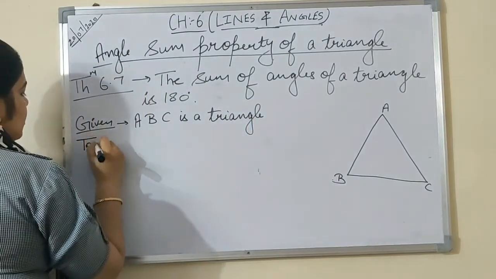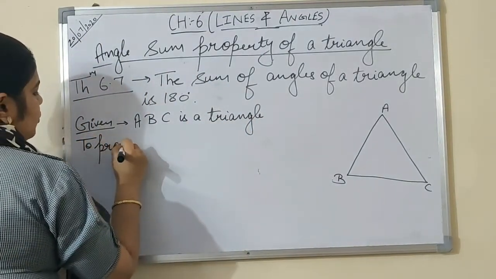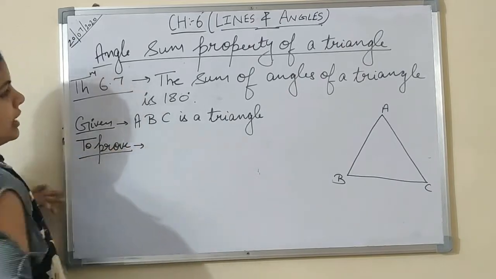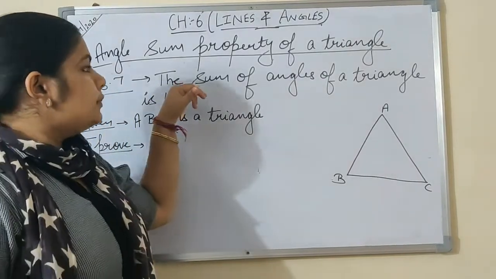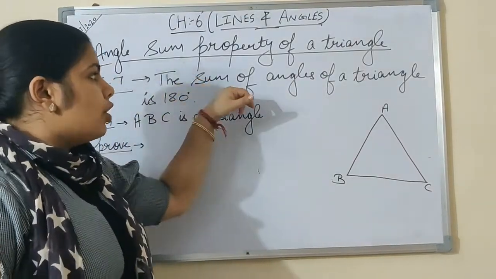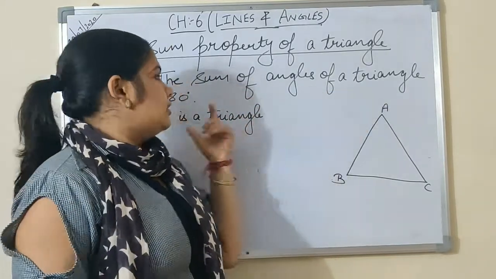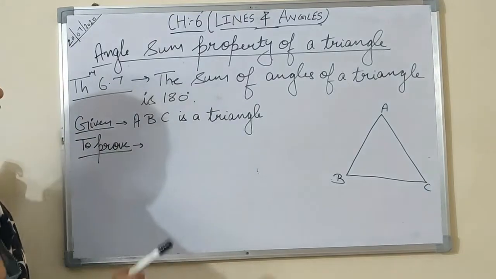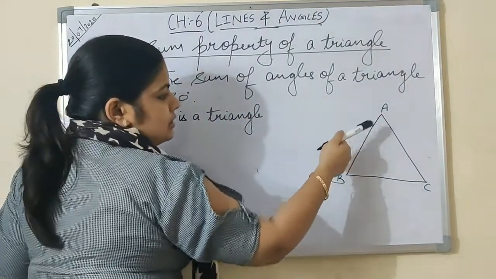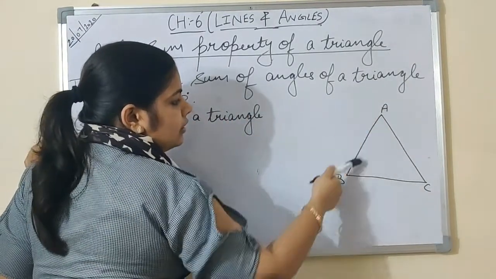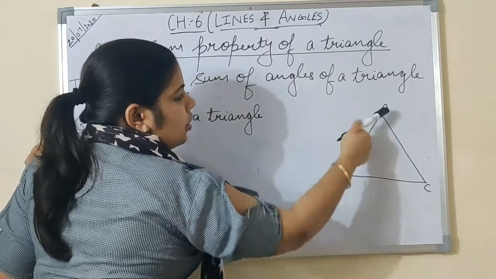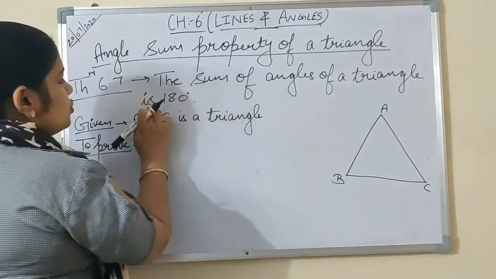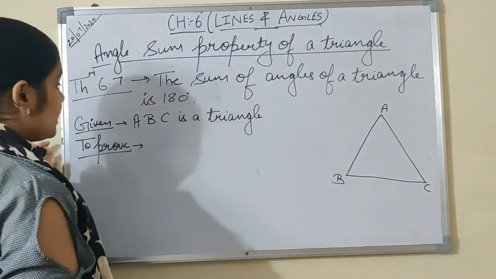Then what do we need to prove here? The statement says that the sum of angles of a triangle is 180 degrees. That means we have to prove that the sum of angles of a triangle is 180 degrees.